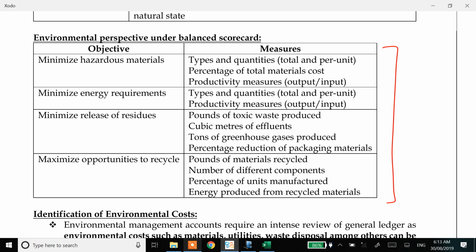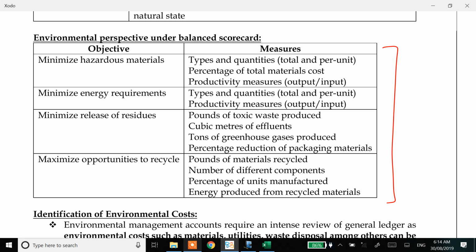In environmental perspective, what I measure is how much hazardous chemicals I am manufacturing, how much toxic waste I am manufacturing. If I am manufacturing certain hazardous chemicals, I should try to treat them and not discharge them into the environment.